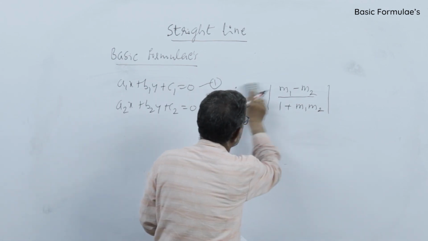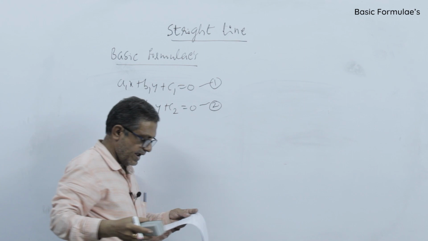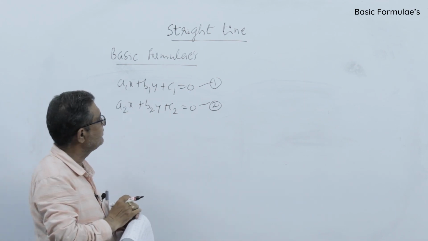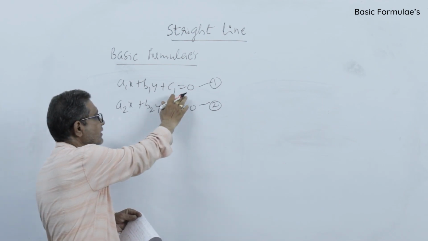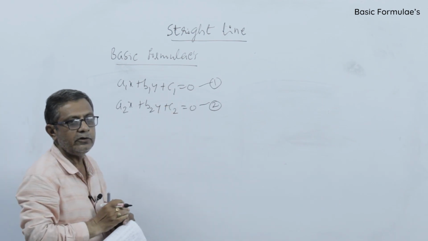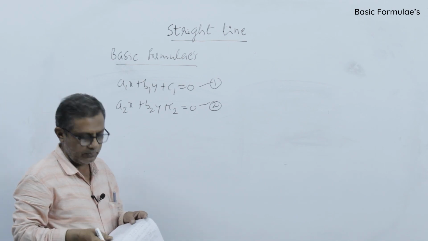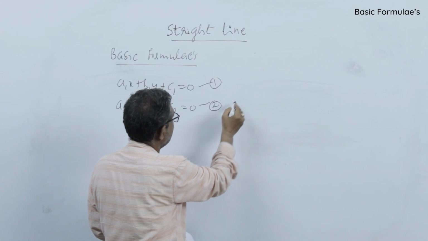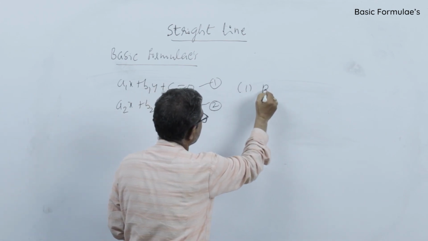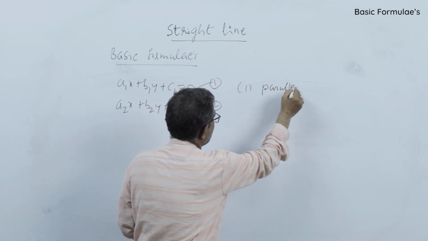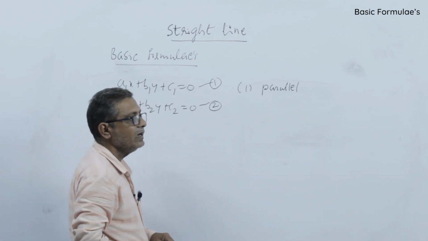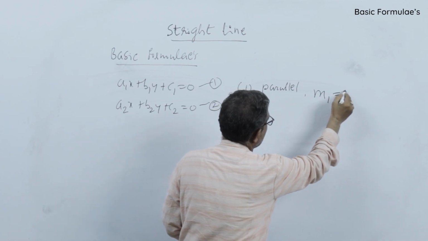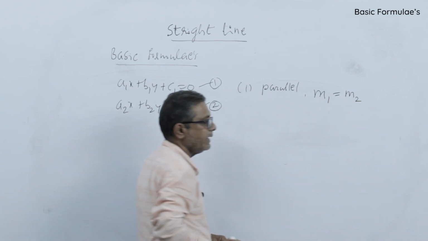Next, for the two lines a1x plus b1y plus c1 equal to 0, first line, and second line a2x plus b2y plus c2 equal to 0. If these two lines are parallel, then the condition is m1 equal to m2.